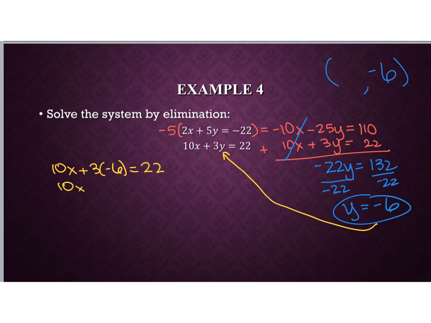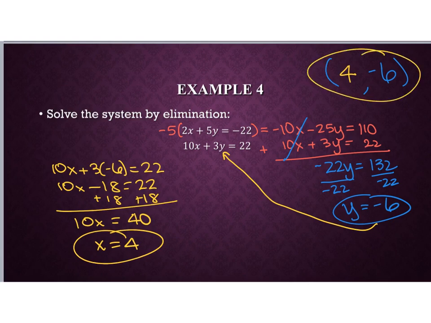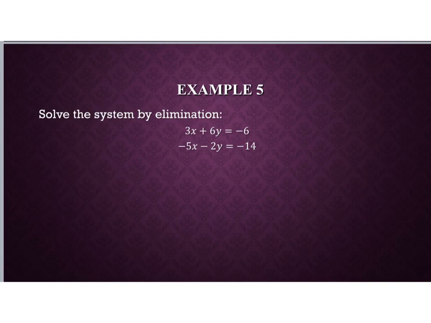Well, this is going to give me 10x minus 18 equals 22. So I'll add 18 to both sides. And I have 10x equals 40, or x equals 4. So now the point at which these two equations are going to intersect is the coordinate point (4, -6).